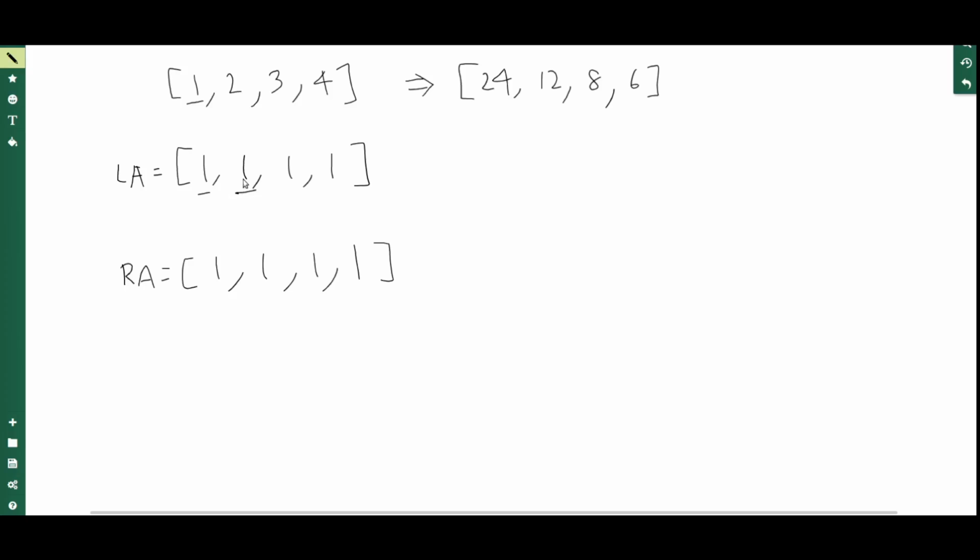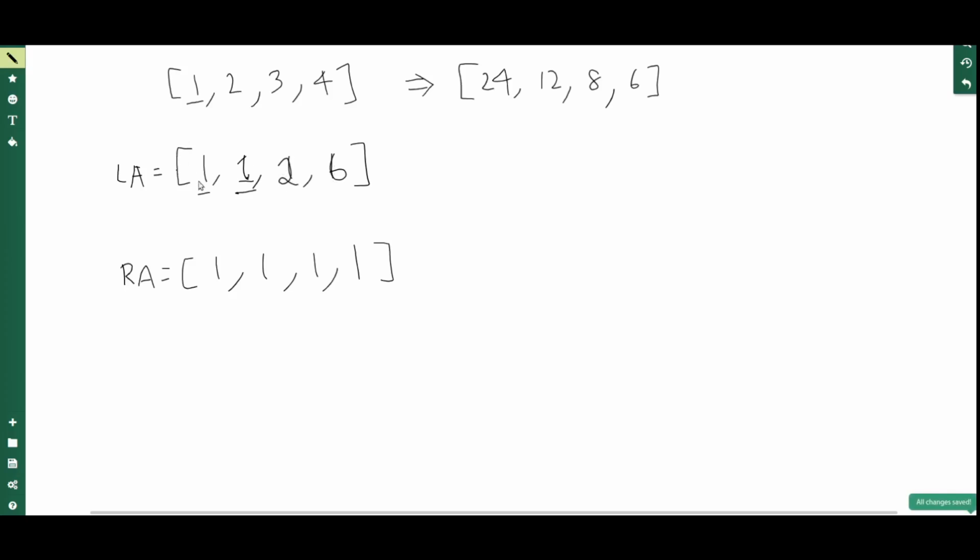So here we would have 1 times 1, so the cumulative product so far is 1. And then in the third position, we have 1 times 2, so this would be 2. And then here we have our cumulative product so far, which is 3 times 2. That gives us 6.